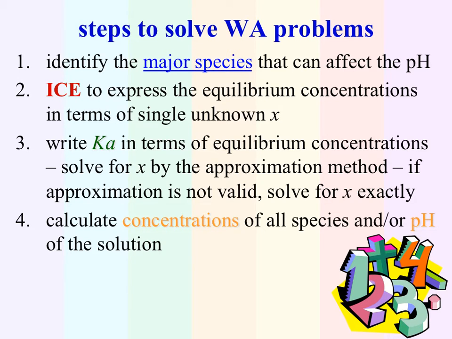If we can use the approximation method, we should do so. If not, we need to utilize our quadratic, our calculators, to help us solve for x. After we've calculated the concentrations of all the species, we can then utilize our concentration values at equilibrium to calculate our pH.